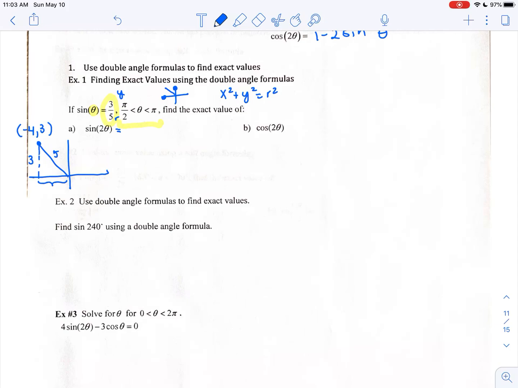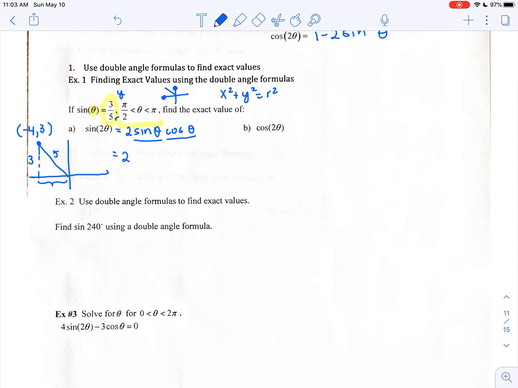Now I come back to the actual question: they want me to find sine of 2 theta, using the double angle formula. So we copy down our double angle formula from above, and we see that it breaks it down so that it's referring to just a single theta. So 2 times sine of theta, now we reference our triangle.